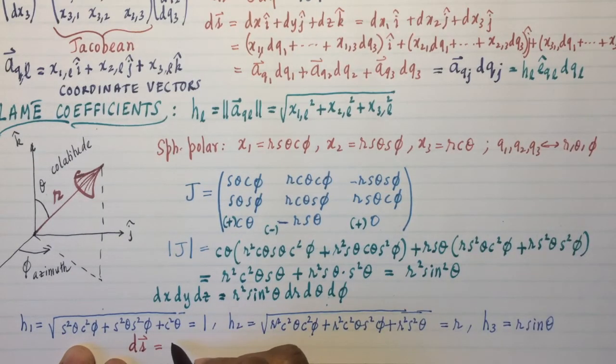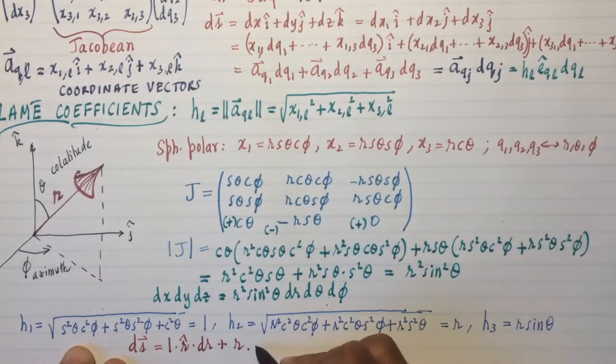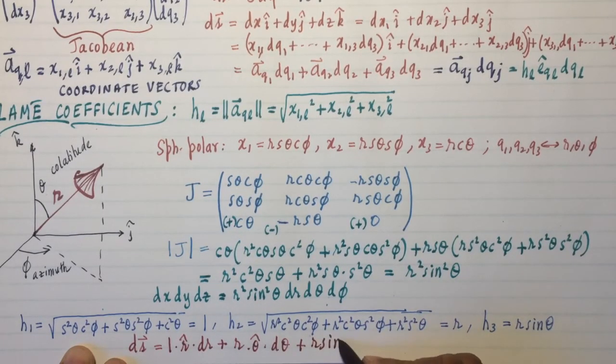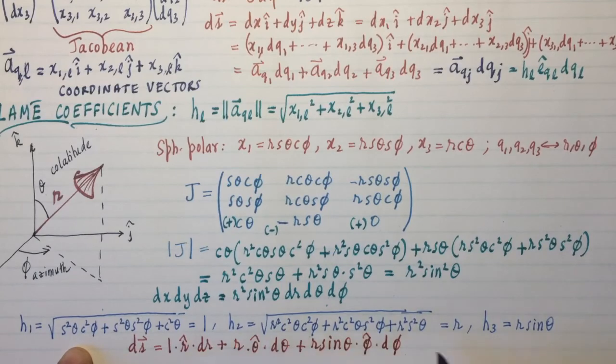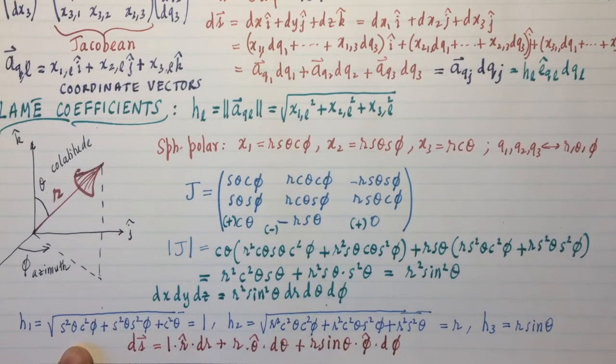So the Lame coefficient h1 is 1, the unit vector in the direction of dq1 is r hat, and the actual differential is dr, plus Lame coefficient first, unit vector next, differential third, r sine theta phi hat d phi. So in this way I found the arc length element in the polar coordinate system.